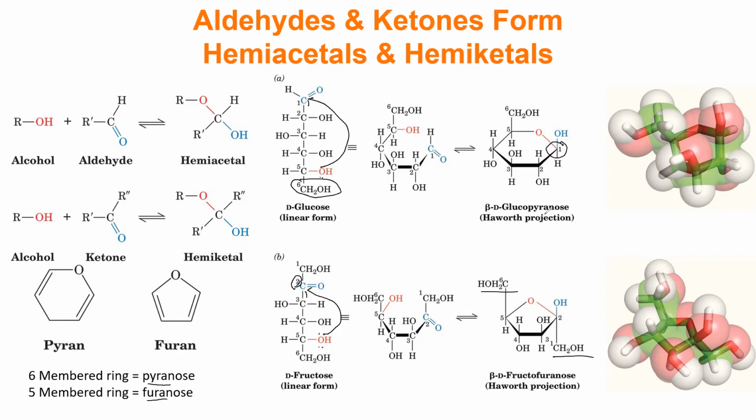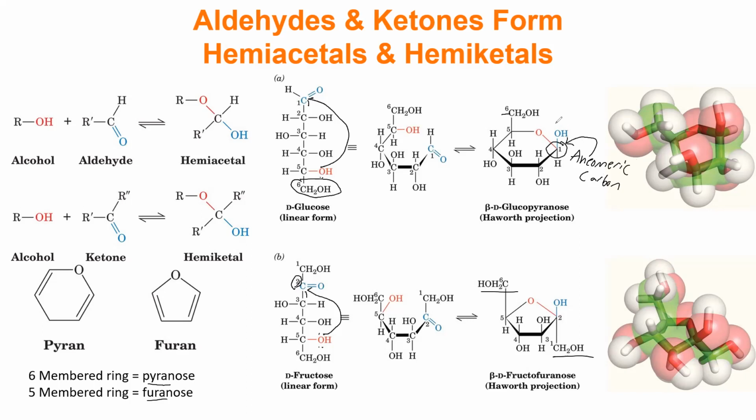During this cyclization reaction, the former carbonyl carbon gets a special name. It is called the anomeric carbon. So the anomeric carbon is the former carbonyl carbon. And what direction that OH is pointing compared to carbon 6, we name our sugars differently based on that.